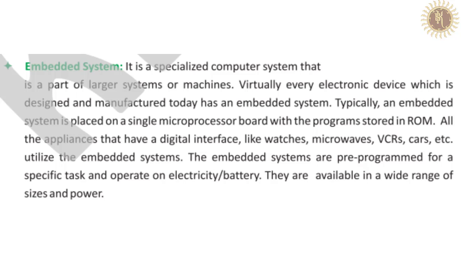All the appliances that have a digital interface, like watches, microwaves, VCRs, vehicles, and so on use embedded systems. The embedded systems are pre-programmed for a particular task and work on power or battery. They are available in a wide range of sizes and power.